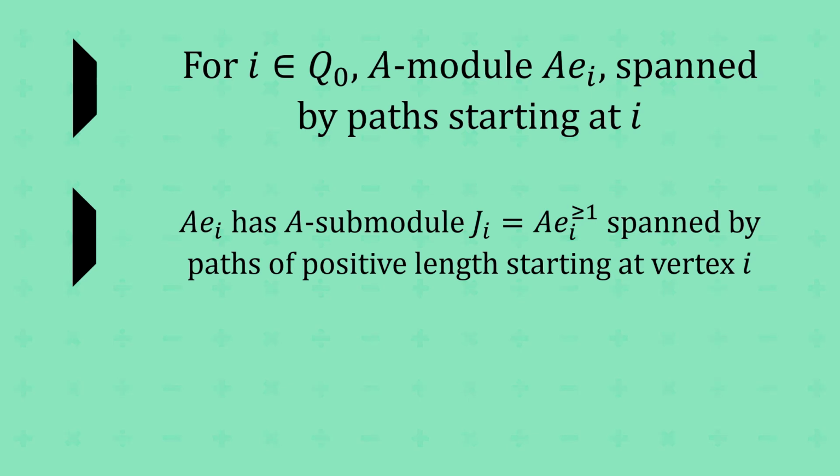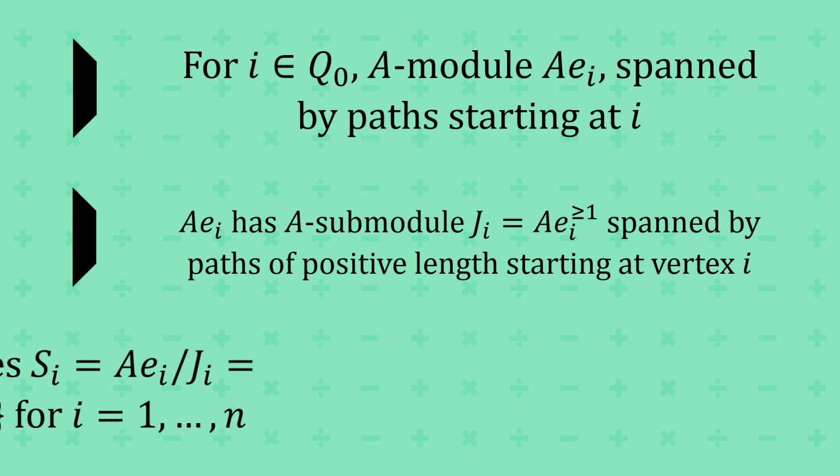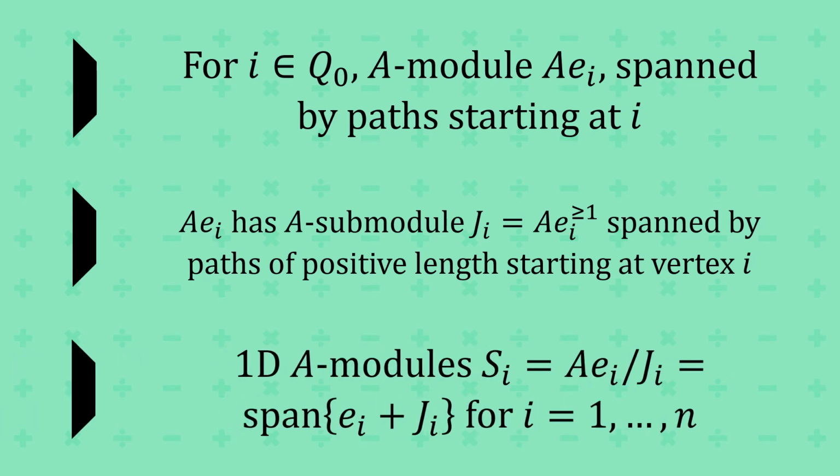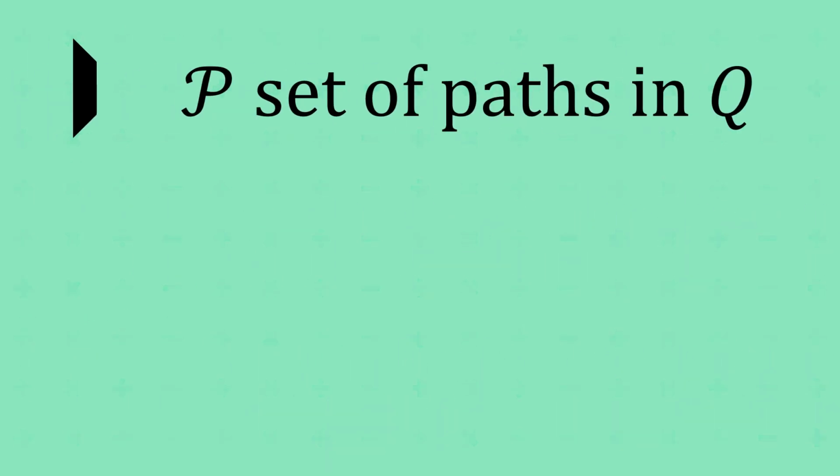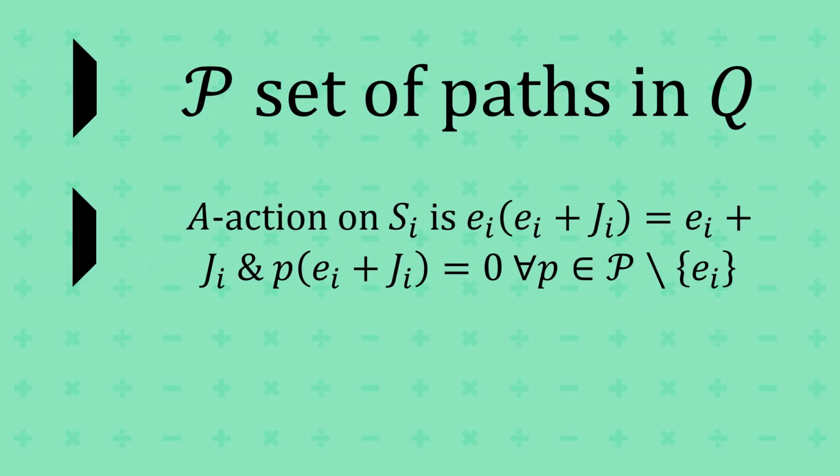The A modules Ae_i have a submodule J_i, which is Ae_i in degree greater than or equal to 1, spanned by all paths of positive length starting at vertex i. Hence, we get the one-dimensional, and thus simple, A modules S_i equaling Ae_i over J_i, which are the span of e_i plus J_i for i from 1 to n.